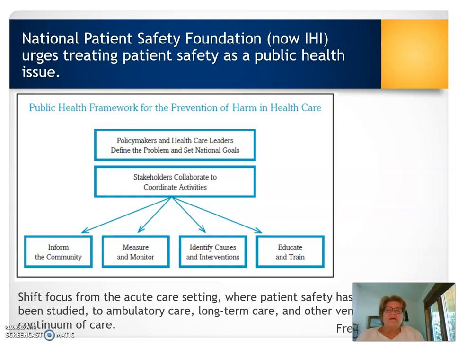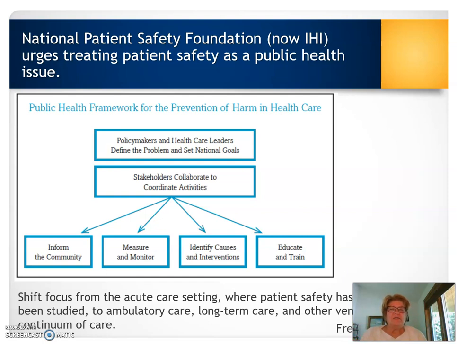So this, I think, is what is to come for patient safety and quality, is to treat it as a public health issue. One of the problems with public health, and I think we've seen it, is there's a big crisis and everybody thinks about it, like COVID-19.